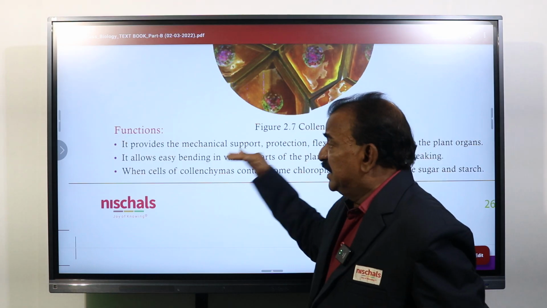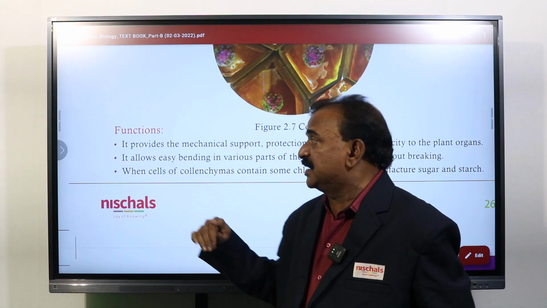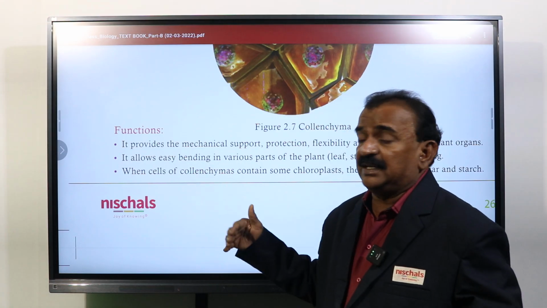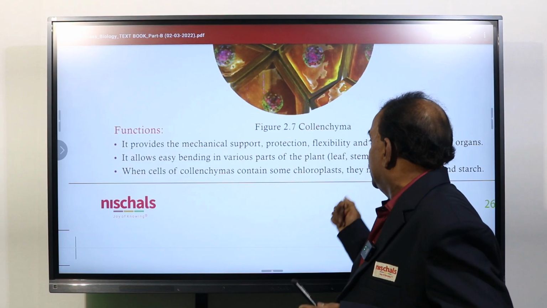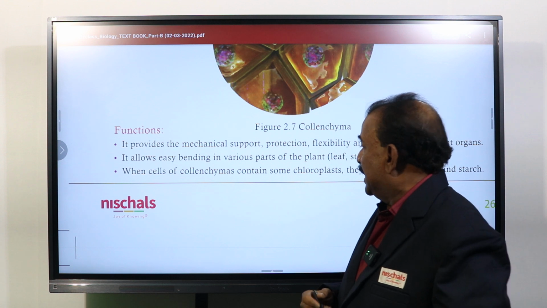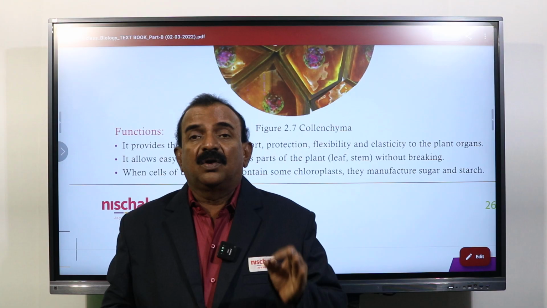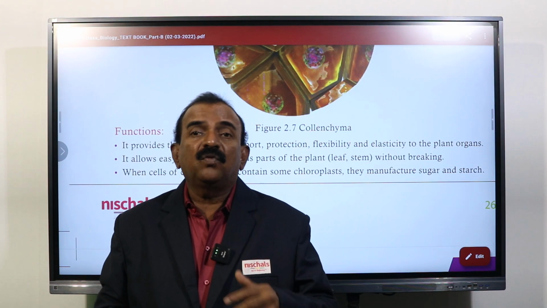In this way, it gives the plant mechanical strength. It allows easy bending of various parts of the plant, such as leaves and the stem. When the cells of collenchyma contain chloroplasts, these chloroplasts are helpful for the preparation of food by performing photosynthesis.